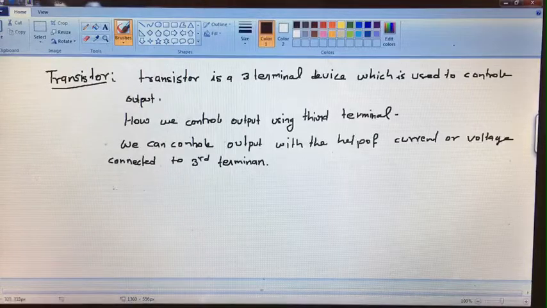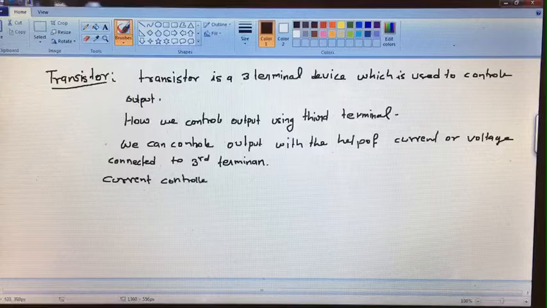When we control the output of transistor with the help of current, it is known as current controlled device.